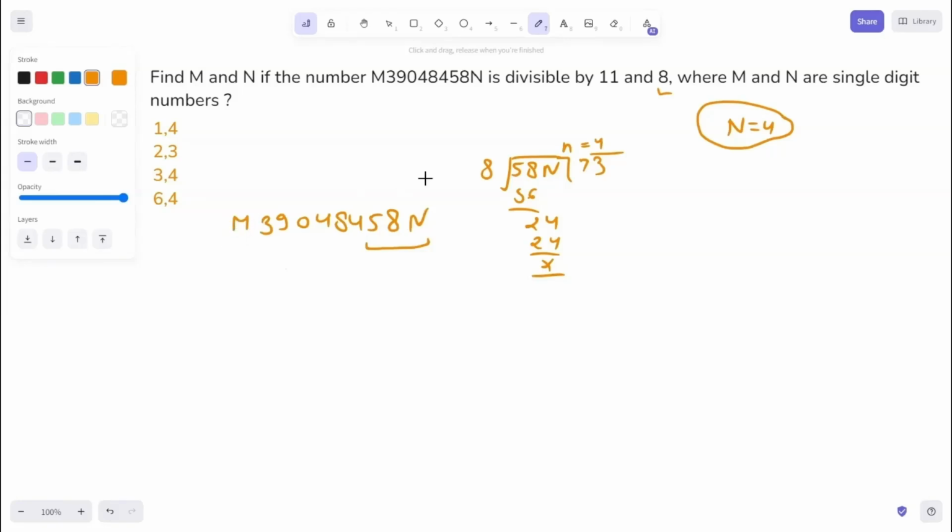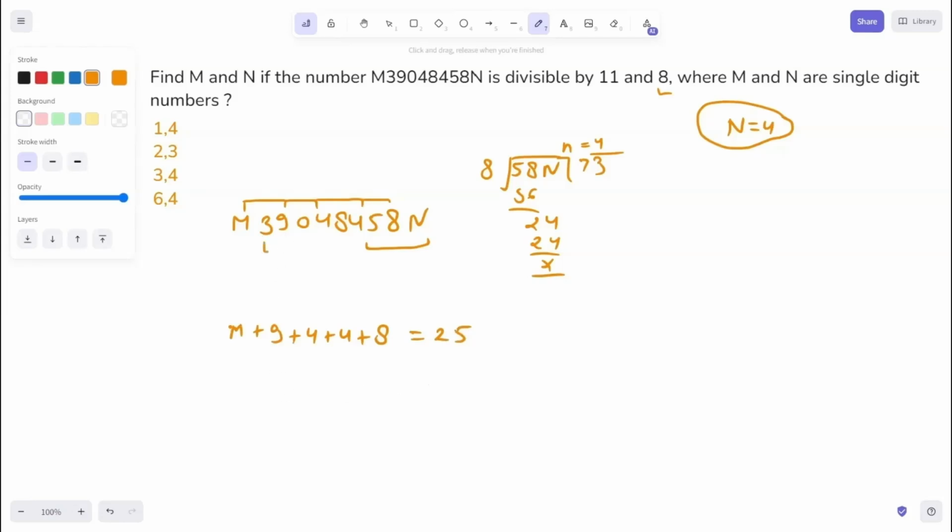Now let's apply the divisibility rule of 11 on this number. Firstly we take all the odd position numbers: m plus 9 plus 4 plus 4 plus 8. How much are these? It will be 25 plus m.